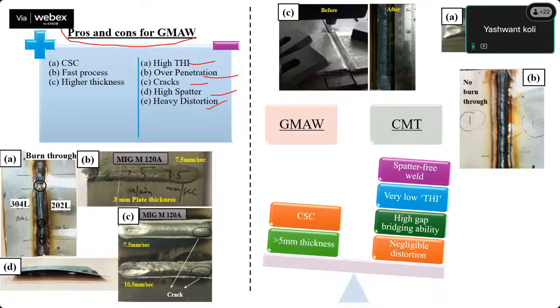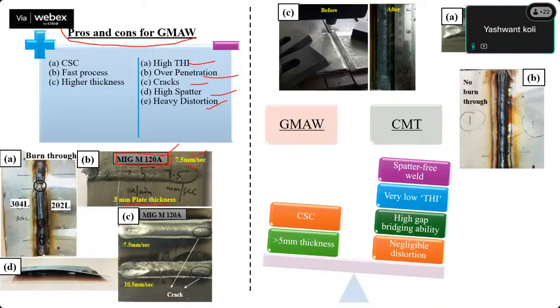You can see here at 120 ampere, the MIG manual, this is the GMAW process, and with the same process parameters this shows over penetration. So 120 ampere and 7.5 mm per second travel speed on a 3 mm plate thickness.